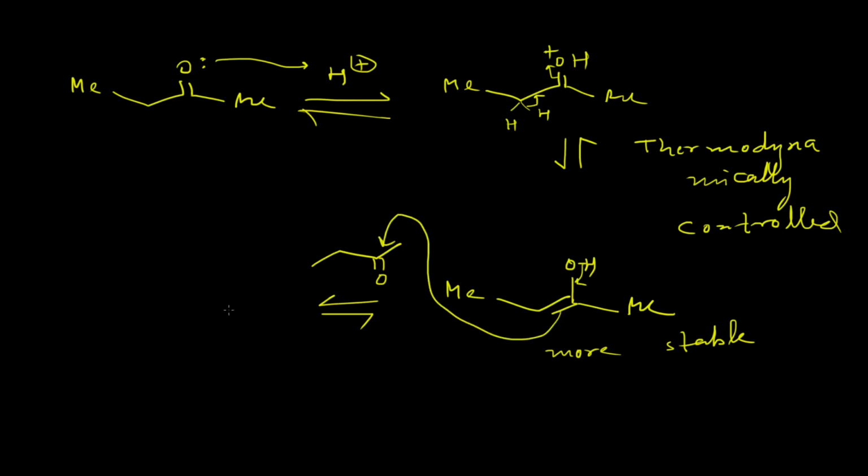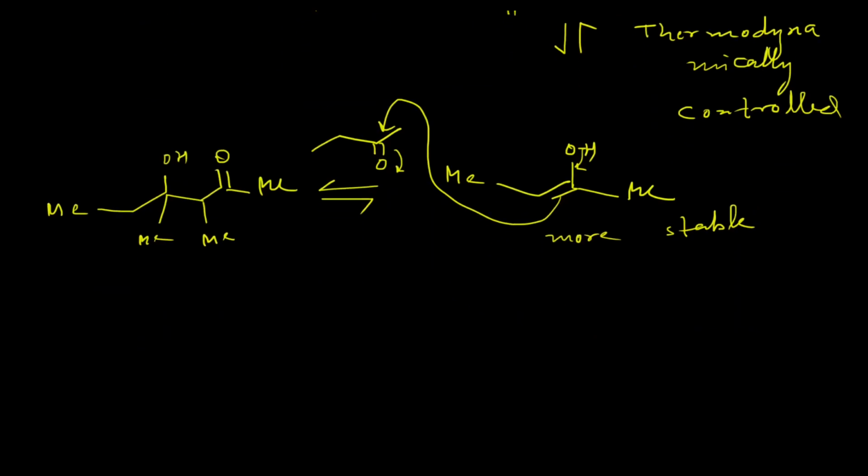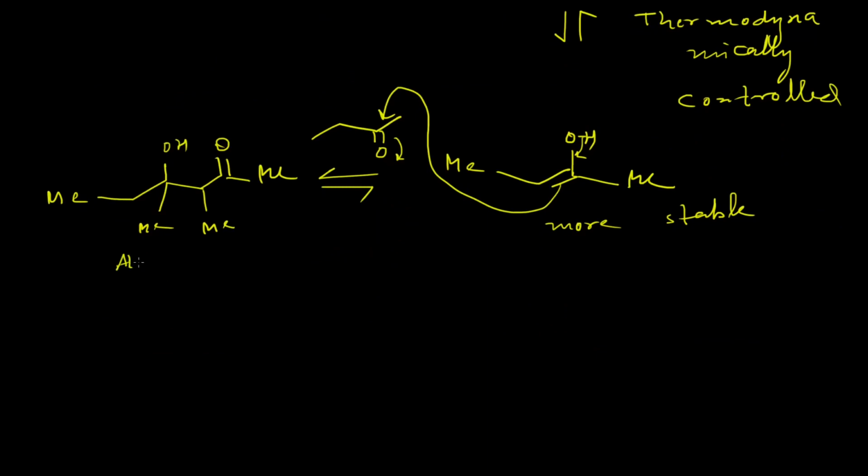It will attack this keto center. This will be our actual aldol, and this aldol will then undergo an E1 elimination step. During E1 we all know that the first step is the carbocation formation.